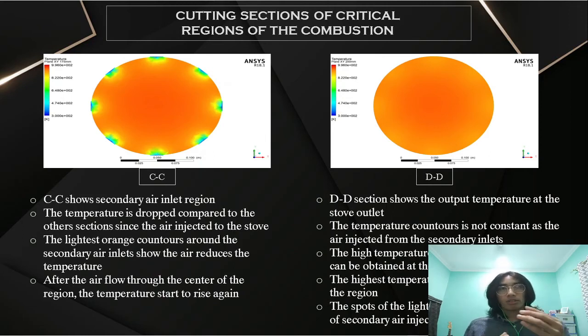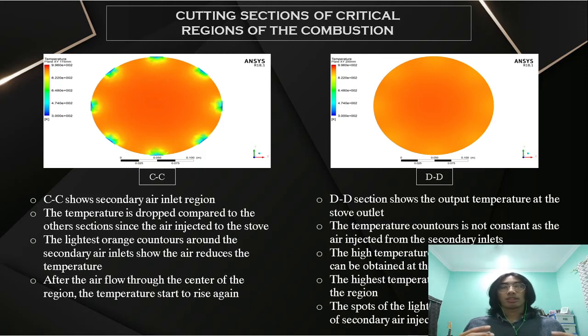The deepest orange color can be observed at the center of the circle regions. The high temperature is still in the range of 930 Kelvin to 970 Kelvin, which is very excellent for the combustion. The spots of light orange represent the effects of secondary air injected into the combustion.